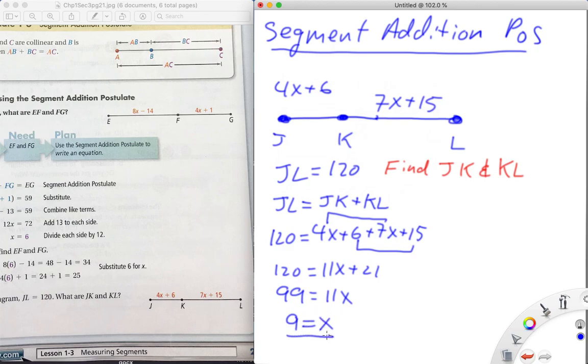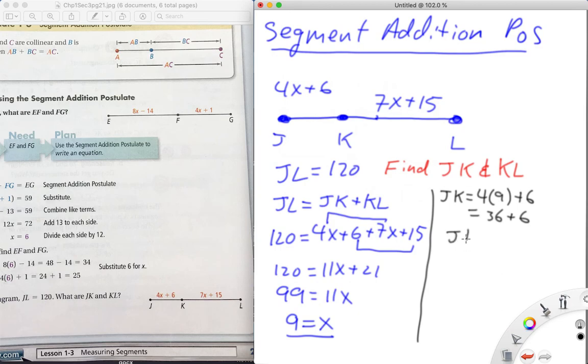So we found what x is, but that doesn't tell me the distance of JK and KL. So I'm going to substitute 9 for x when I'm trying to find out what JK is. So that's going to equal 4 times 9, which is 36, plus 6.